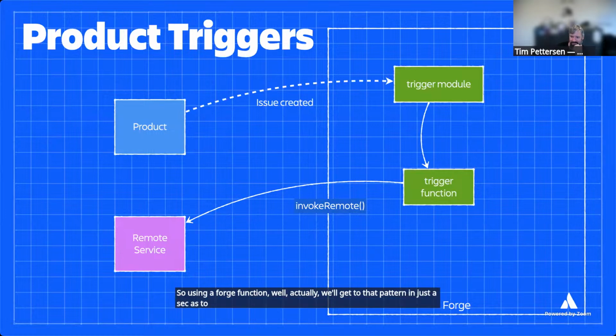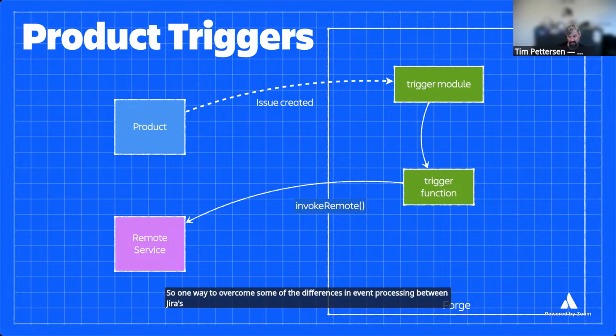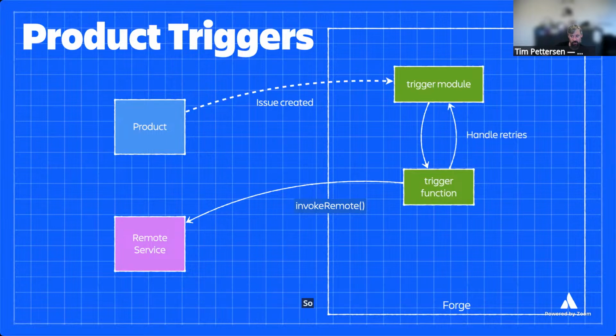So one way to overcome some of the differences in event processing between Jira's core webhook processing and Connect and Forge is to use a Forge function to mediate passing the event to the remote rather than specifying an endpoint directly in your manifest. So in this way, you can, for example, attempt to call the remote using invoke remote.